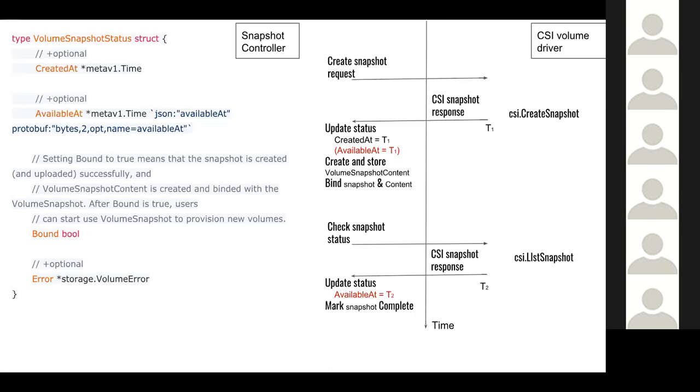They create it by themselves manually, and then point the snapshot name to that content name, to that object. And the controller should be able to handle this too, to bind them together. So the created at and available at might not be available.